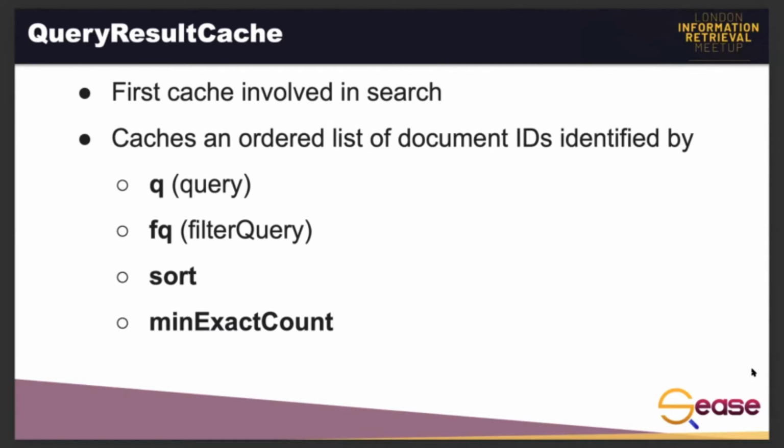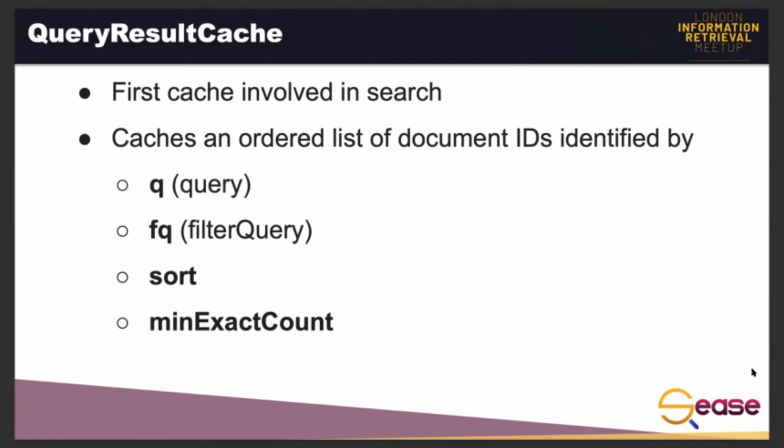Min exact count is another parameter that allows you to tell Solr to stop processing the query as soon as it finds, say, 10, 11, or 100 documents. This means that Solr may also apply some approximate algorithm in order to speed up the query.